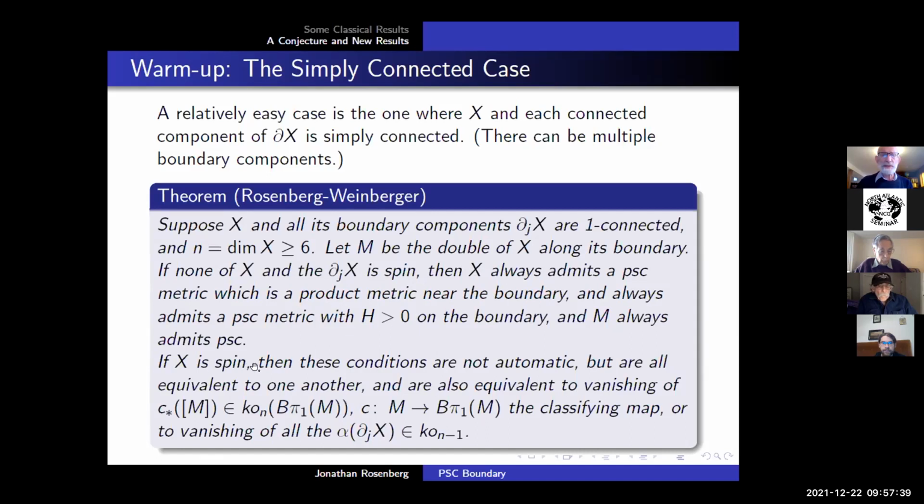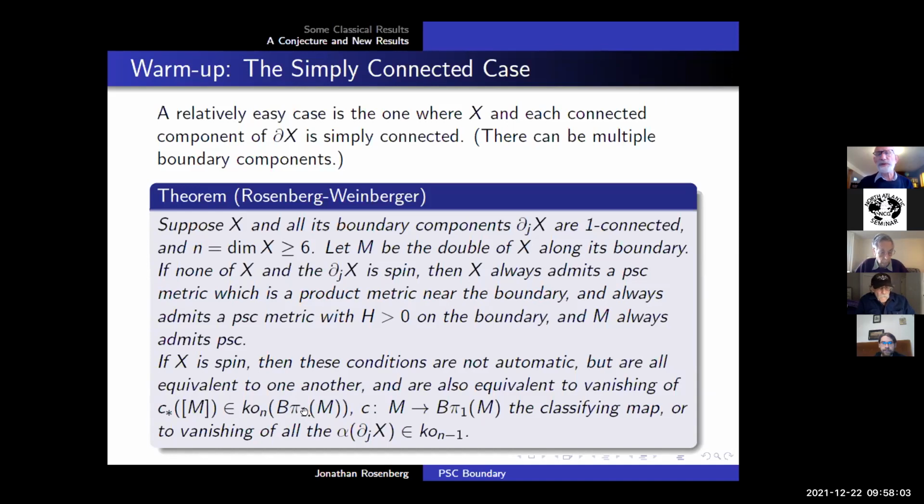If X is spin, then these various conditions are all equivalent to each other, but they're not necessarily automatic. So you also need the vanishing of the fundamental class of M in KO of the fundamental group.